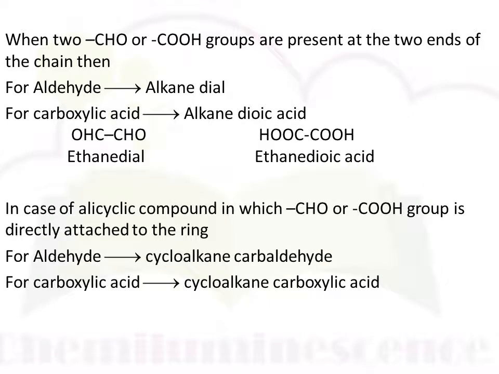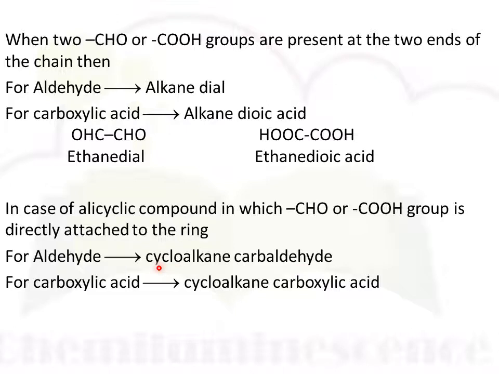Next, in the case of an alicyclic compound, that is a ring compound, in which a formyl group or carboxylic group is directly attached to the ring, you have to derive the name for the aldehyde in the format cycloalkane carbaldehyde.